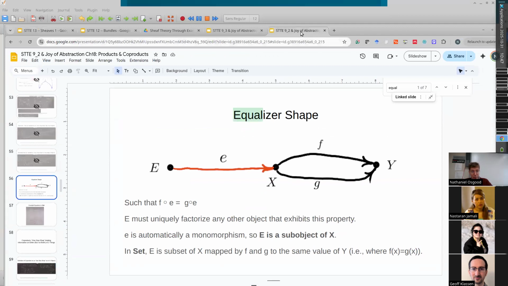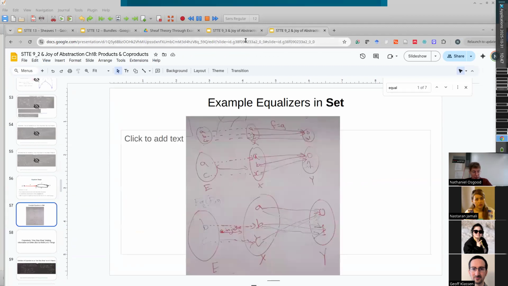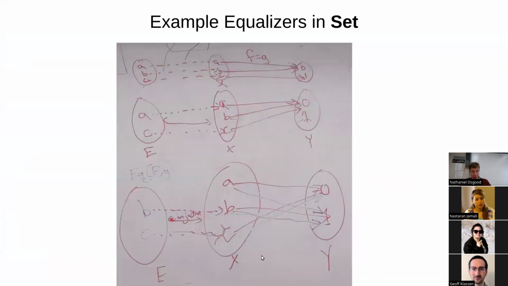I don't know if you remember, but we did a little exercise like this where we said, okay, here's our X, here's our E, and E is a subset of X such that the two morphisms match up.